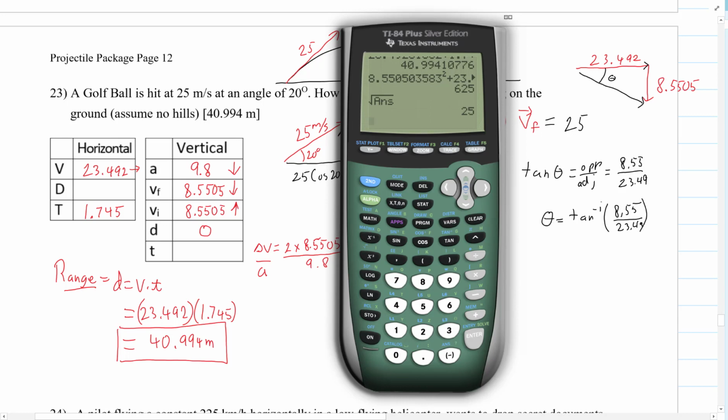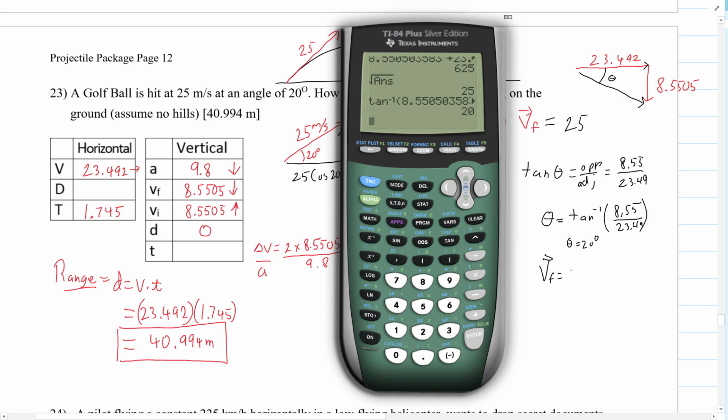We get a cool number here: exactly 20. So theta is 20 degrees.